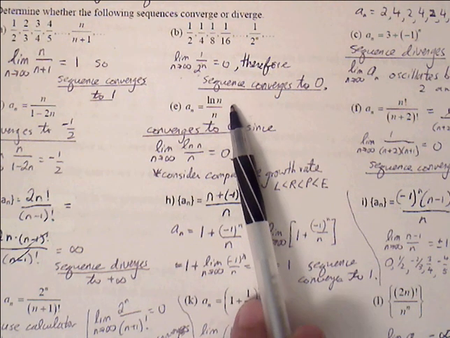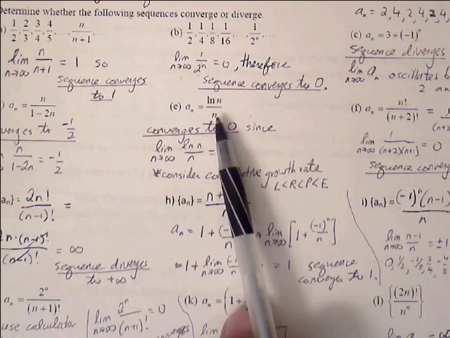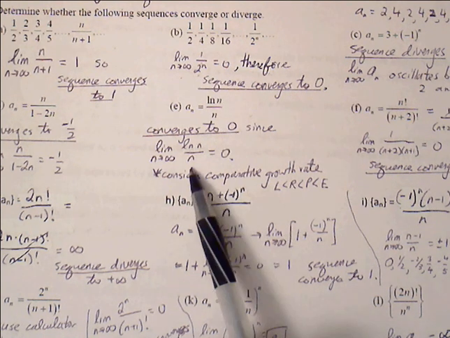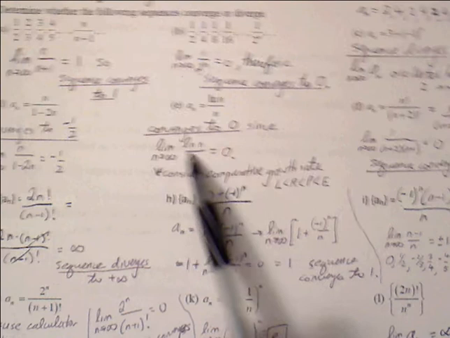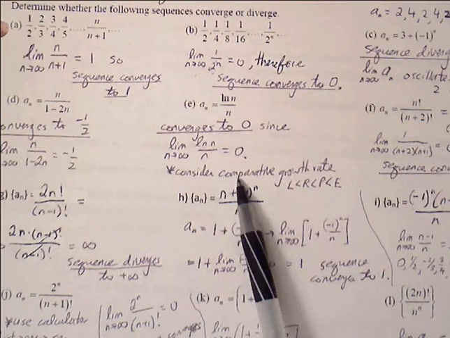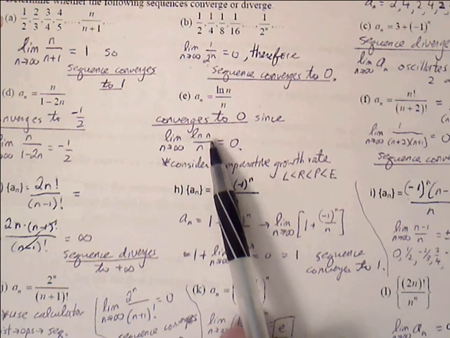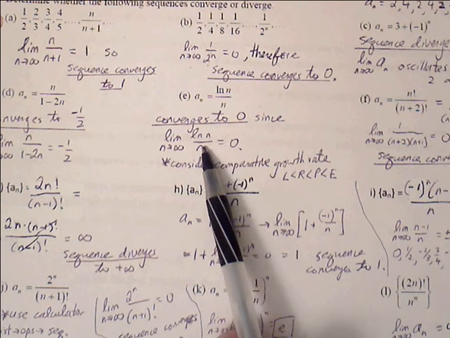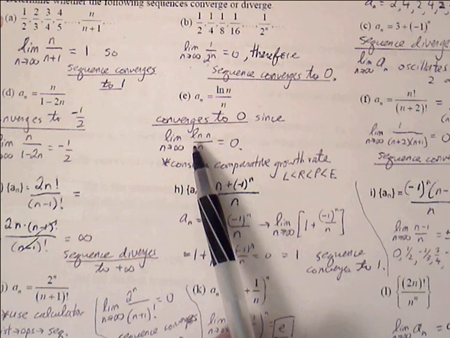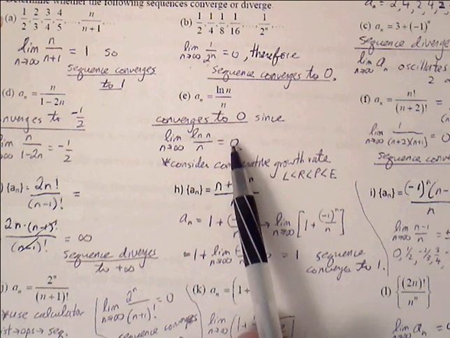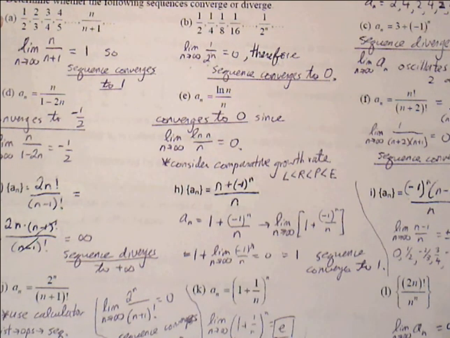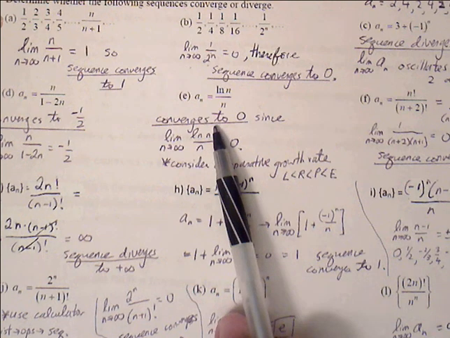The natural log is one of the slowest growing functions. And so the denominator over time will grow at a faster rate than the numerator. So that will cause this fraction to go to 0. Another way you can do this is to go through L'Hopital's rule and take the derivative of the numerator and denominator, and eventually it'll settle down to a value where we can see the limit will go to 0. So for E, our sequence will converge.